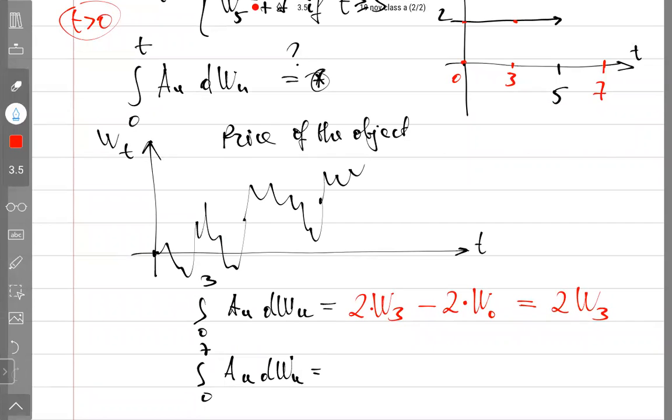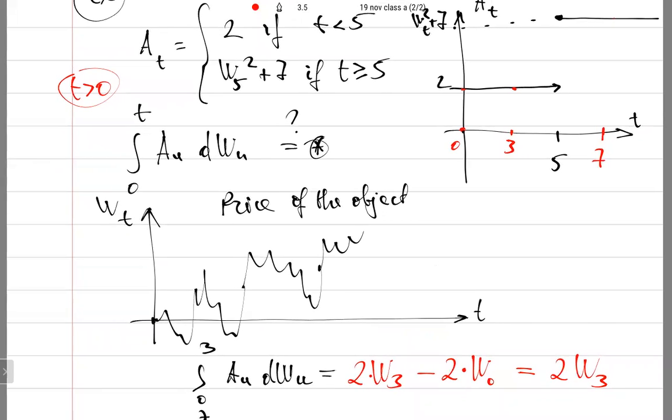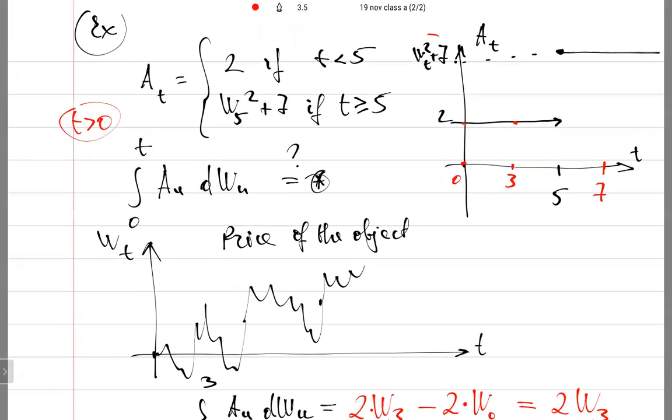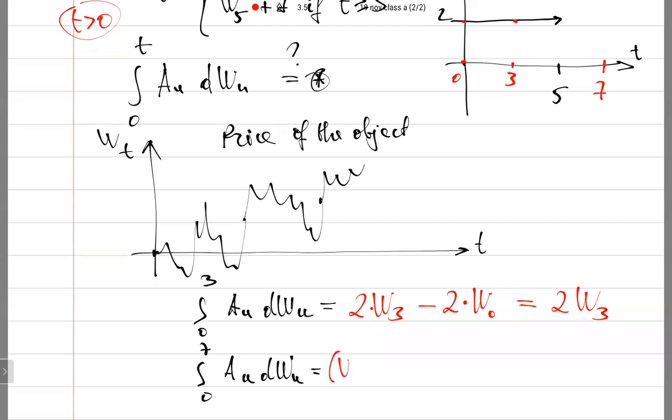I will have how many cups, and what will be the price of each cup? The amount of cups I have will be W_5 squared plus 7, multiplied by the final value, which will be W_7.